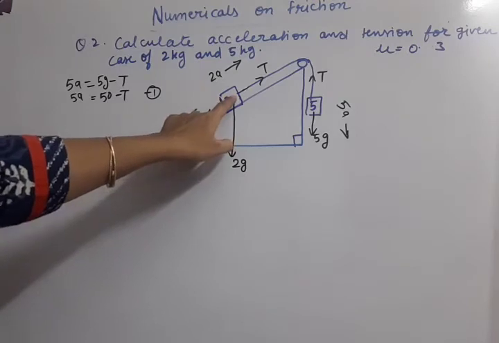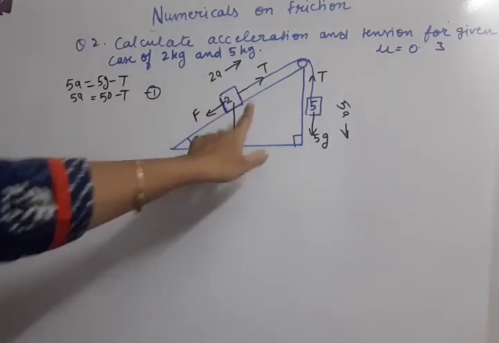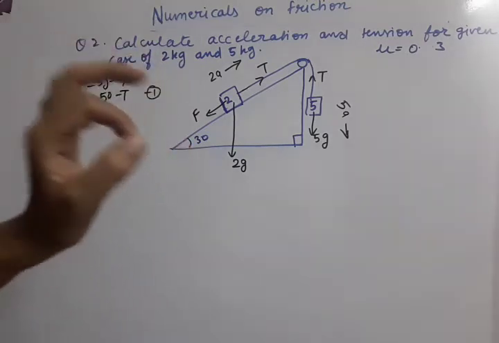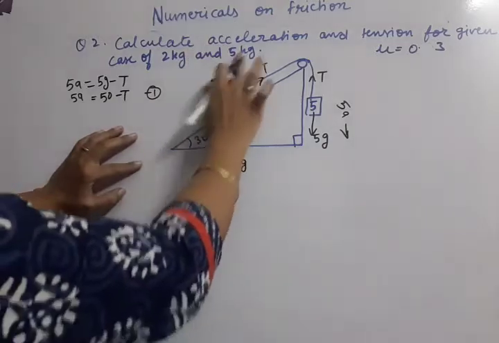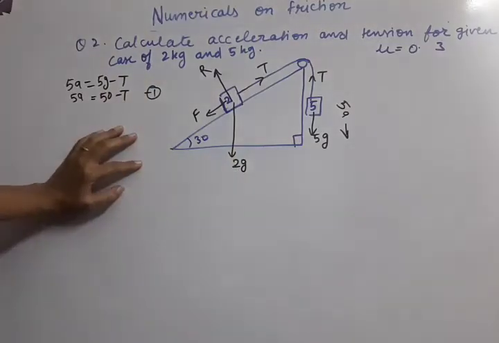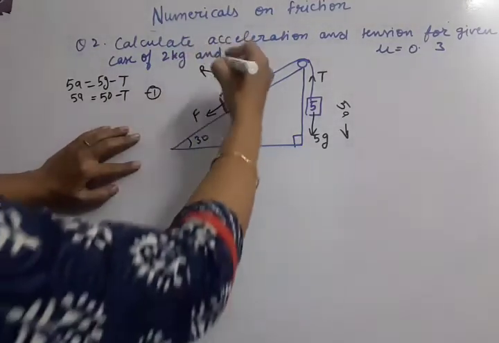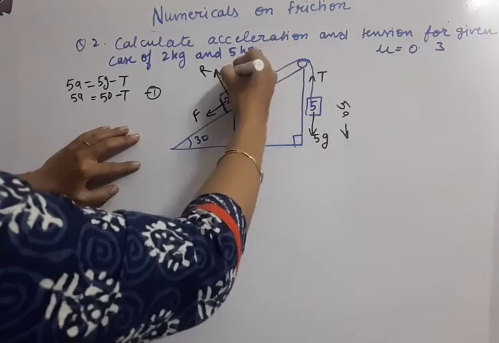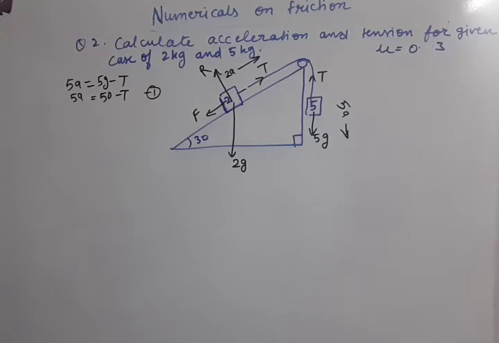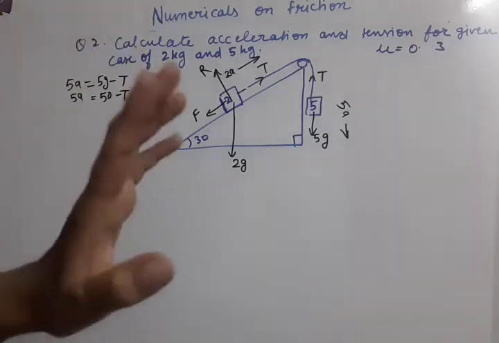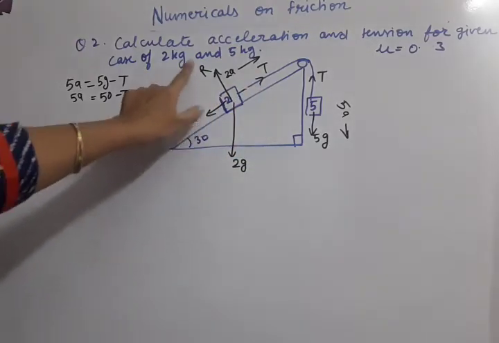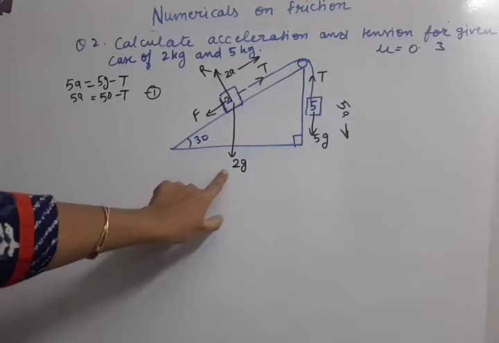Every time any object is touching any surface, we have to show one normal reaction, which can be shown by capital R or capital N. Normal to this body one reaction force is there, and that 2A I am also showing in this direction. Now how to make the equations? Let us count all those forces. T is one force, F is the second force, R is the third force, and 2G is the fourth force.